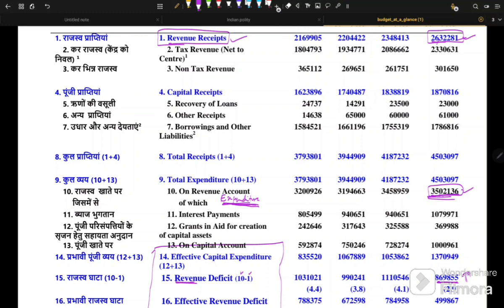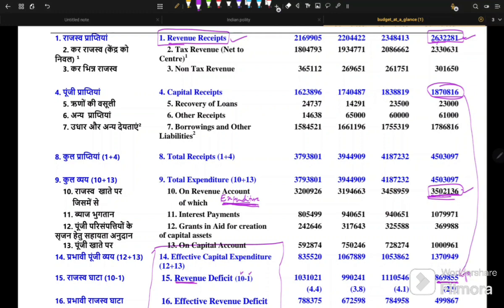If the revenue expenditure is very high, we need this much amount at any cost. What does the government do? It diverts funds from other sources. For example, if the capital receipt is something like 18 lakh, we take the amount from there, or we borrow money from the public just to fill the gap of the revenue deficit.